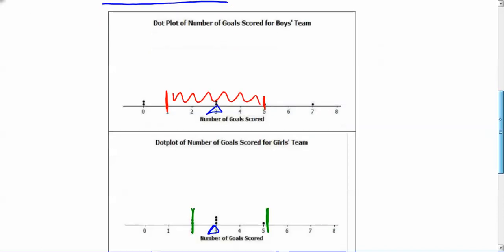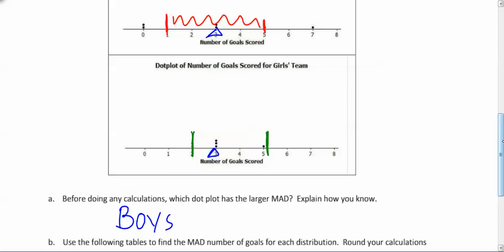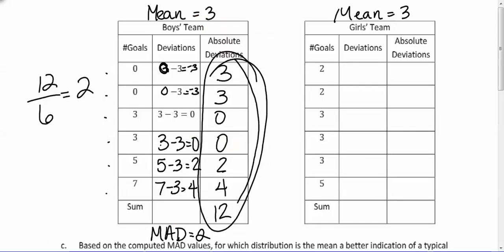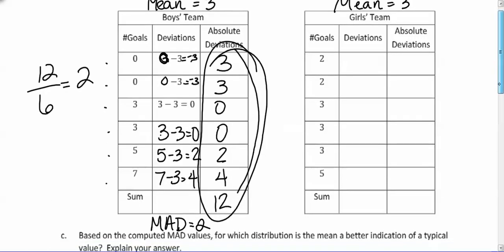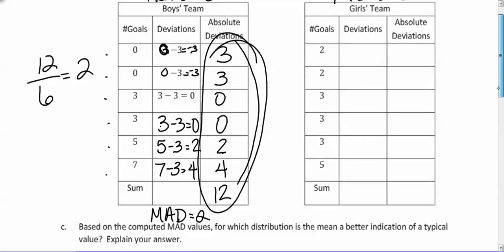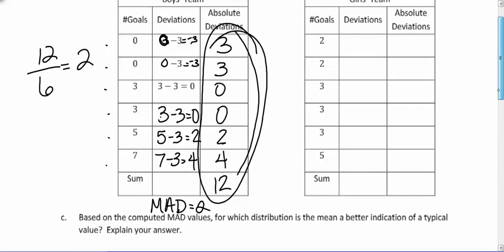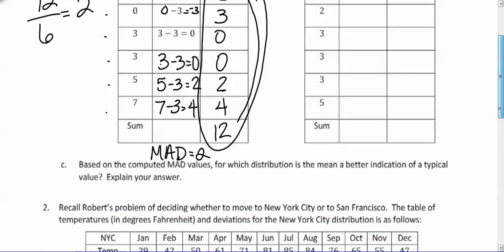All right? With the girls, when you calculate that, you're going to find that their MAD is much smaller because they're a little more predictable and a little more tightly grouped.